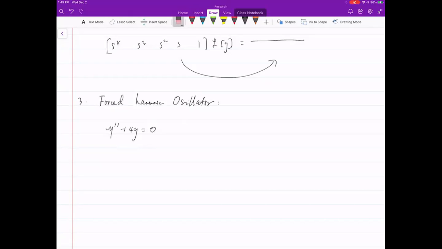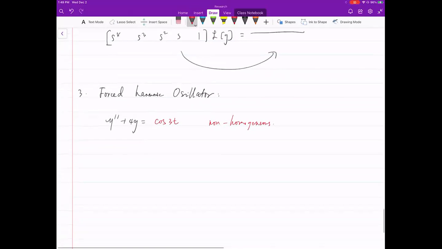Now what we want to do is interfere with it with an external force. Non-homogeneous. This is called external force.